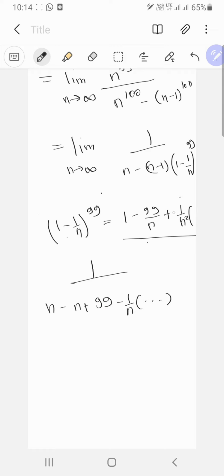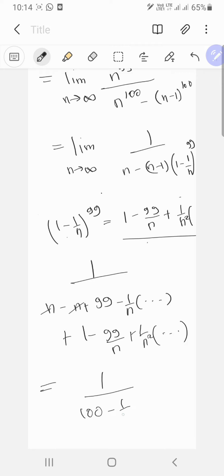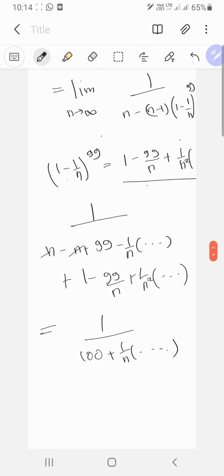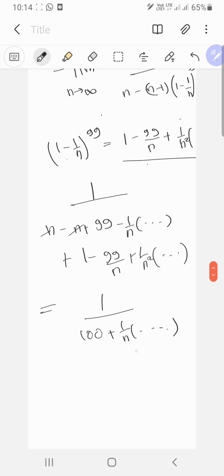So it's going to be plus 1 minus 99 upon n plus 1 upon n squared into some other stuff. This cancels, so 1 upon 100 minus 1 upon n, actually plus 1 upon n times some other stuff. And as n approaches infinity, this just goes to 0. So this is going to be 1 upon 100.